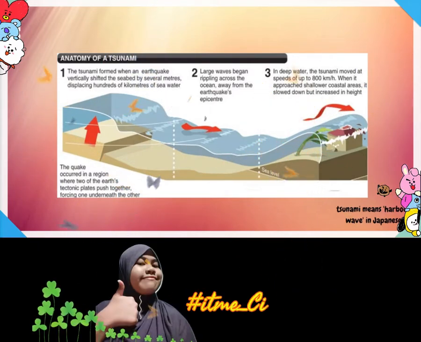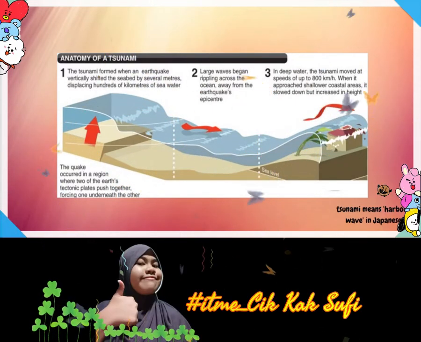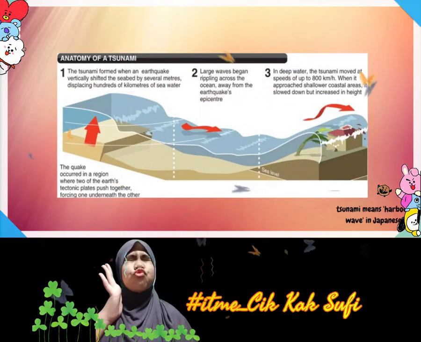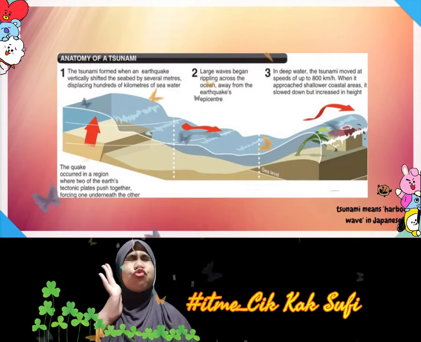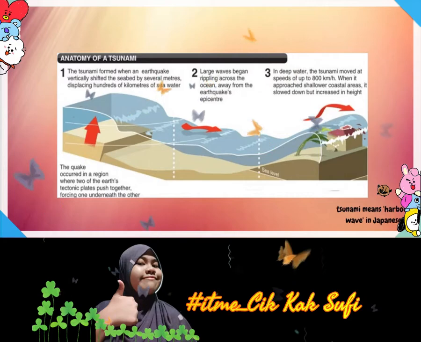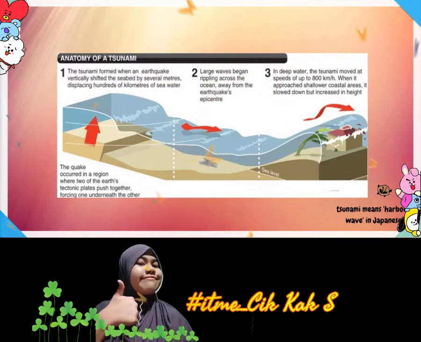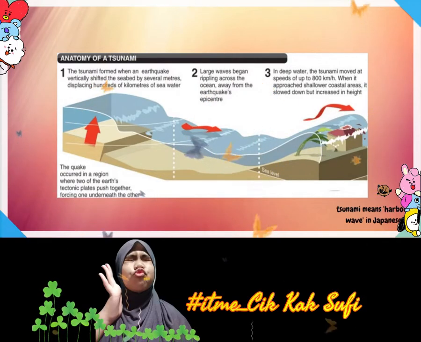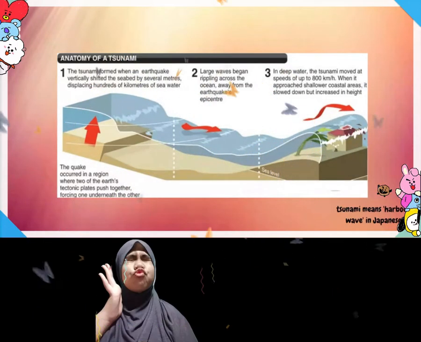So the tsunami forms when an earthquake vertically shifts the seabed by several meters, displacing hundreds of kilometers of seawater. Large waves begin rippling across the ocean away from the earthquake epicenter.